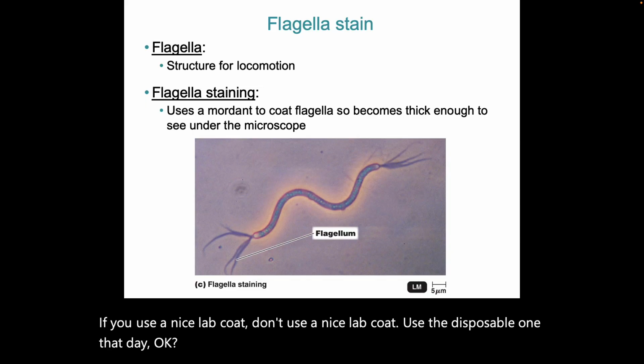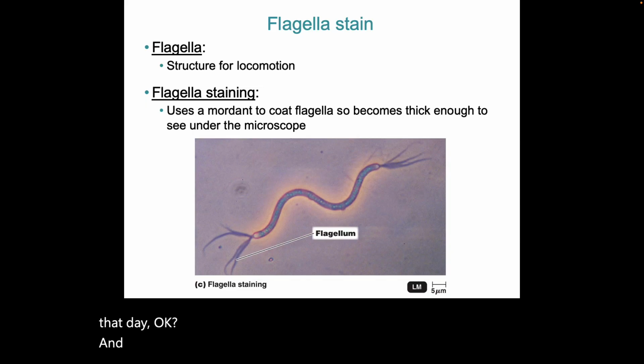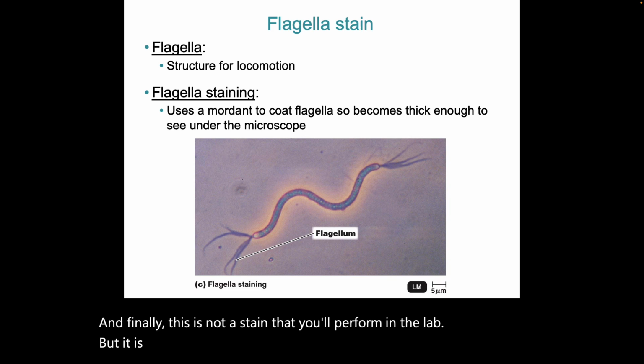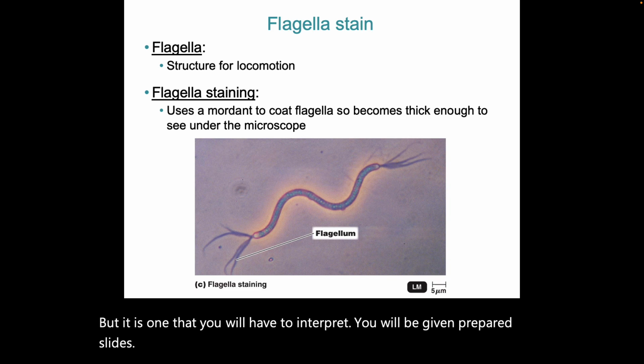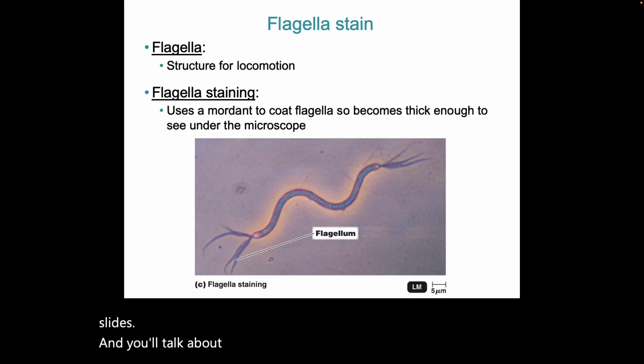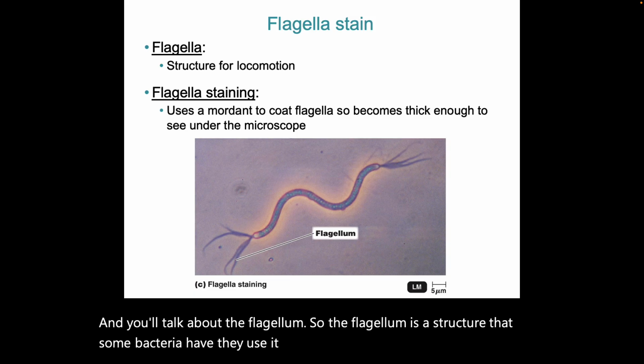Okay. And finally, this is not a stain that you'll perform in the lab, but it is one that you will have to interpret. You will be given prepared slides, and you'll talk about the flagellum. So the flagellum is a structure that some bacteria have. They use it for motility.